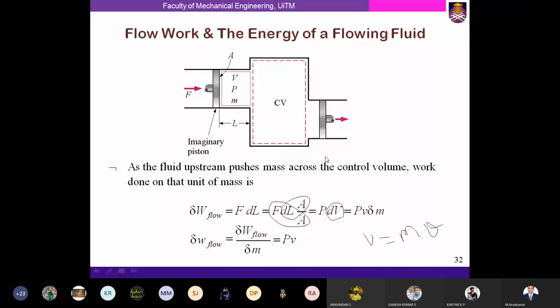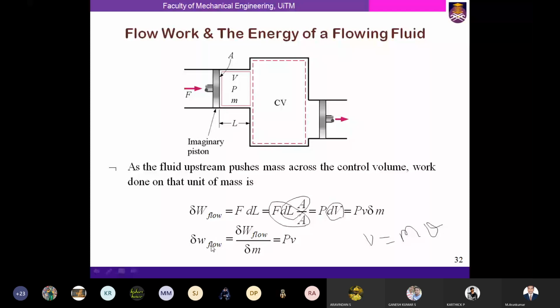Right. Where are we? So W can be written as P into small v into change in mass. Yes, the flow work will be this small w, right?